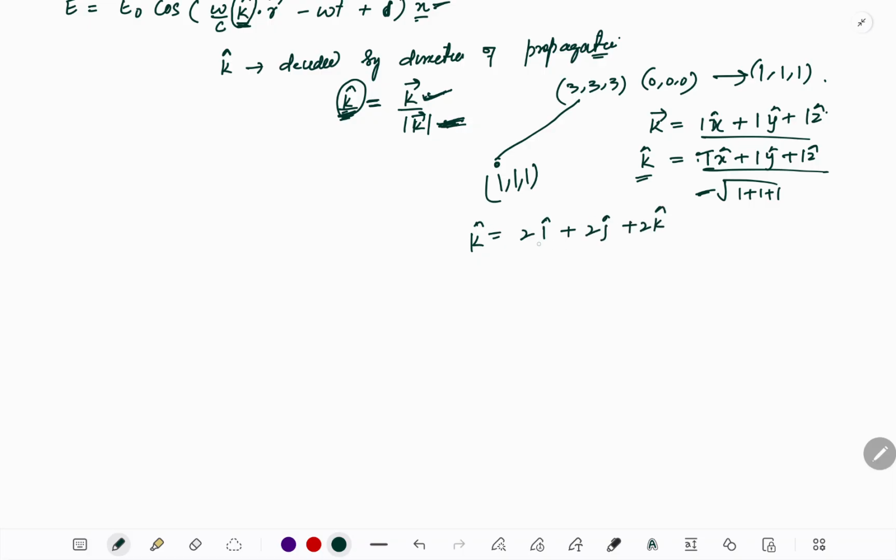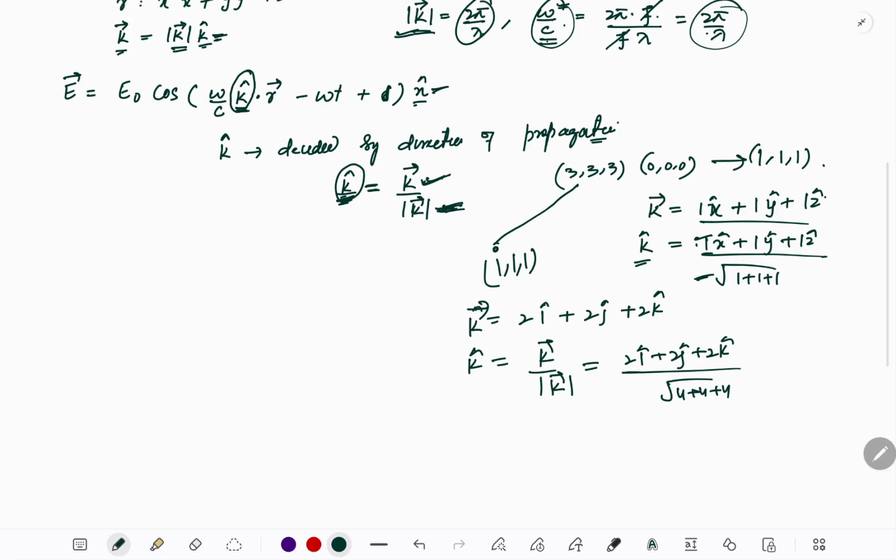Then k cap is the given vector divided by its magnitude: 2 i cap plus 2 j cap plus 2 k cap divided by root of 4 plus 4 plus 4. So you have to be very smart. Omega by c you write there, and then there remains k cap.